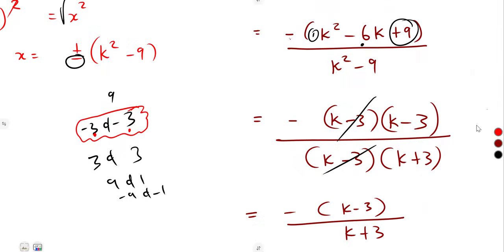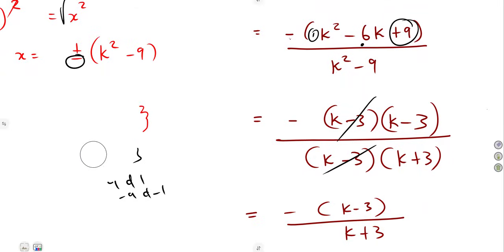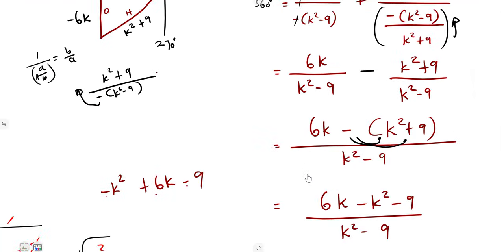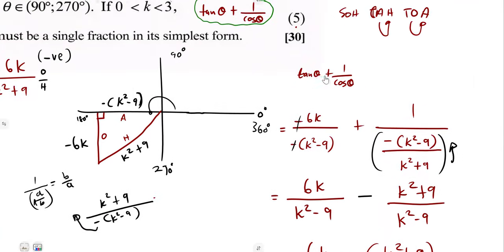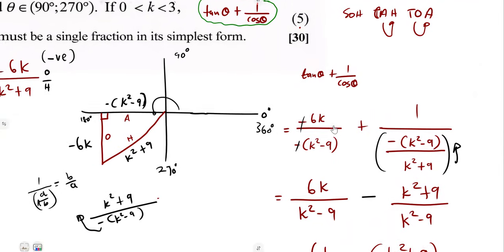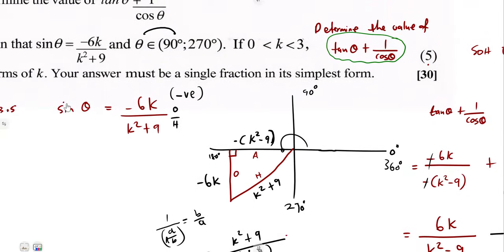All right, so this cannot be simplified further. Yes, you can expand by the negative, but you won't be able to cancel anything. So that was the value. That was it as a single fraction. The value of what? tan theta plus 1 over cos theta in terms of what? In terms of k.